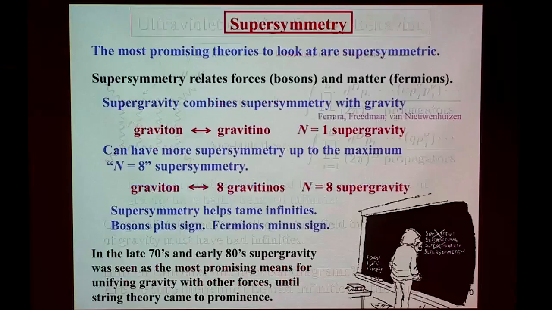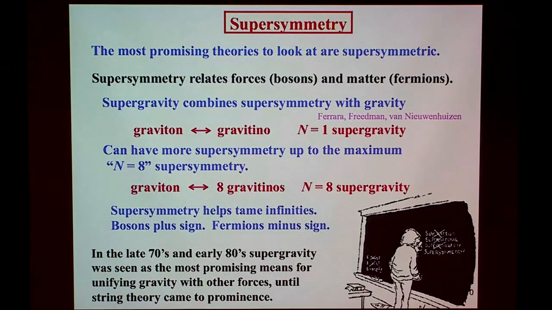Now, we're going to look at a type of theory called supergravity, and that involves this idea of supersymmetry. It's actually kind of a cool word, super. It's actually a technical word when you use the word super. It means a symmetry between forces and matter, between bosons and fermions.